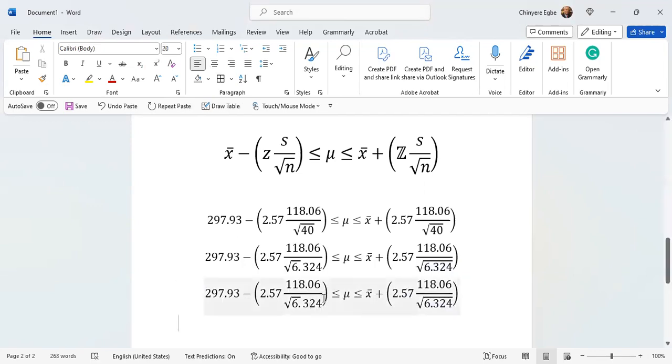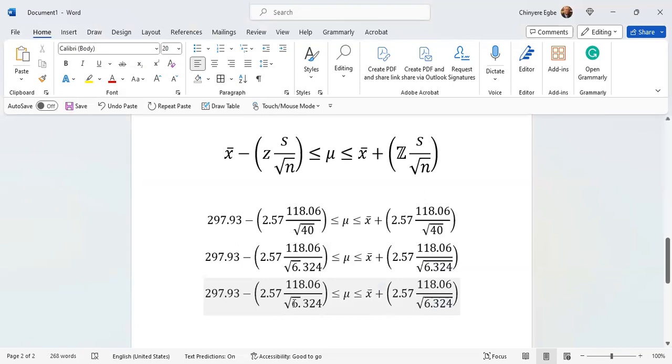So 118.06 divided by the square root, 6.324.